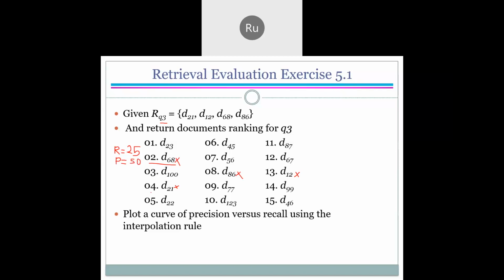When we are here, what is the recall? 50%, right? And what is the precision? 50% also, right? When we are here, what is the recall here? The recall is 75%.